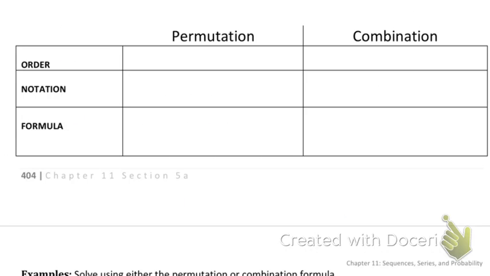All right, so we're going to fill out this little chart so we can quickly look at it anytime we need to. So permutation, order matters. So it matters here. For combination, it does not matter. And our notation for permutation is going to be P of how many things we can choose from and how many of those we're picking.